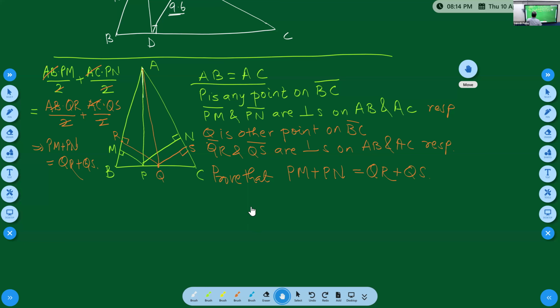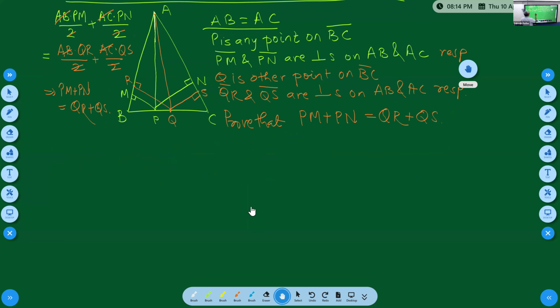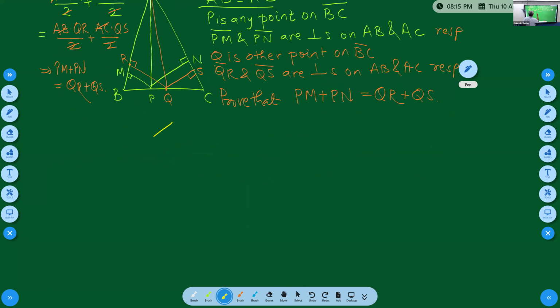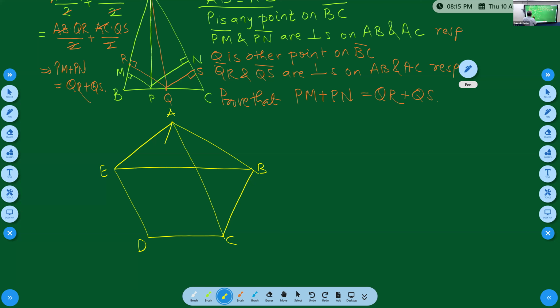Next, we have a regular pentagon. All 5 sides equal, all 5 angles equal. A, B, C, D, E. We join all the diagonals.